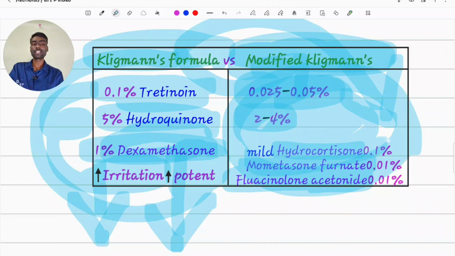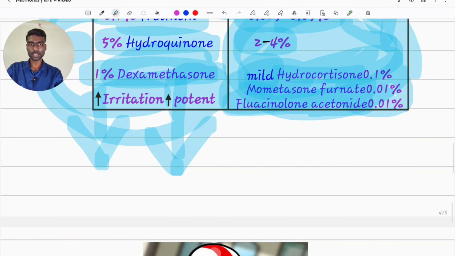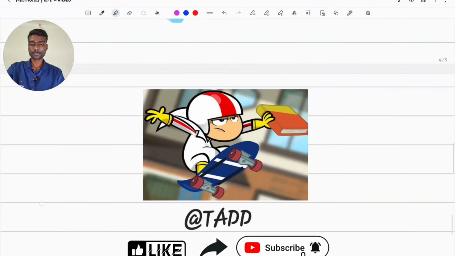Every modified Kligman's formula will be somewhat safe, less irritating and less potent, as they have mild steroids only. This classification of topical steroids we will deal with in our immediate next topic. Until then, remember, these 3 drugs will come under mild steroids.